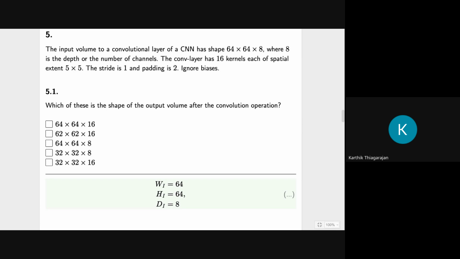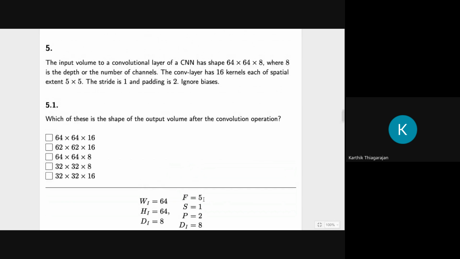Okay, that is with regard to the input volume. Now, what is F? F is 5. What else? S is equal to 1. P is equal to 2. What about the depth of the kernel? How deep? That will also be 8, the same as the input depth.